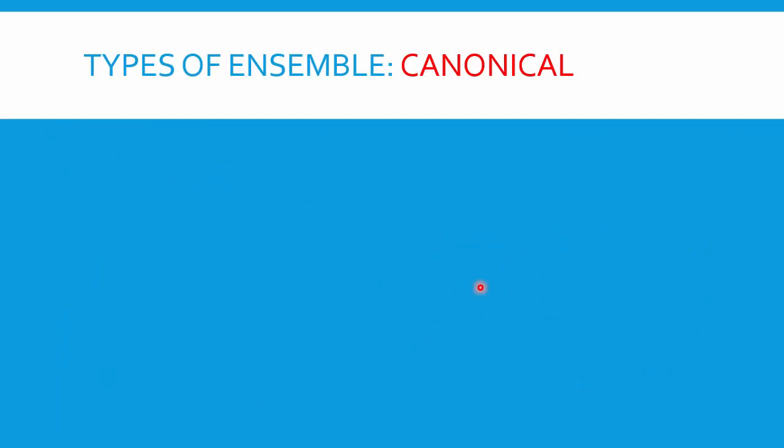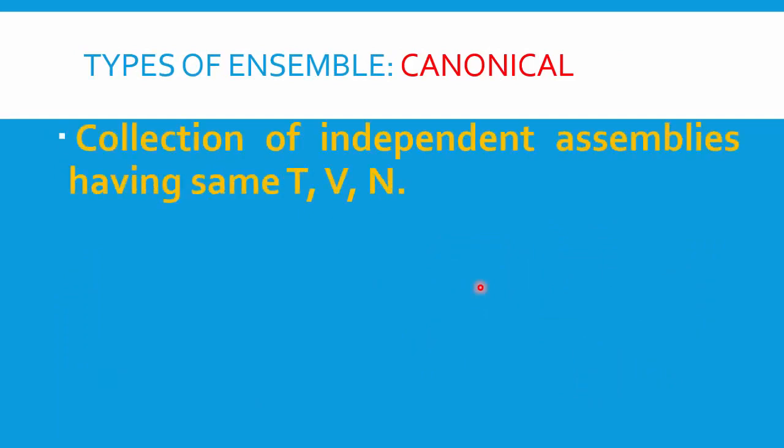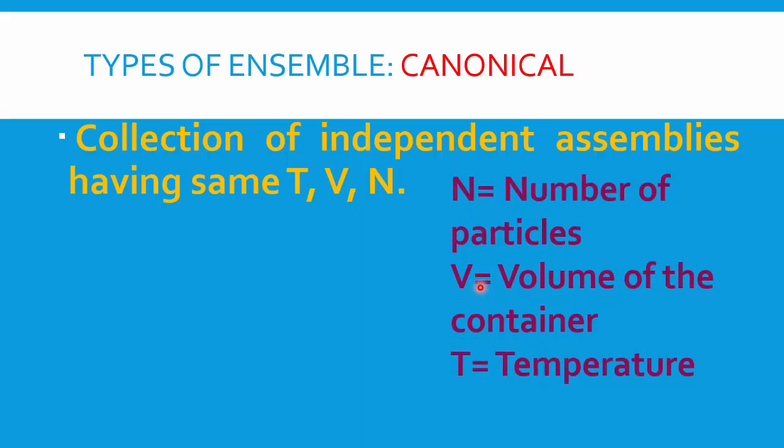We move to the next type of ensemble, which is called the canonical ensemble. The canonical ensemble is like the microcanonical, but here the snapshots will have the same temperature, volume and number of particles.